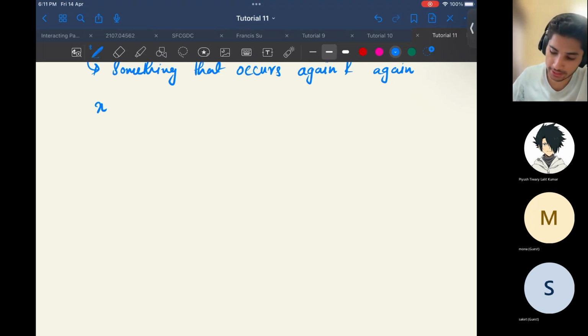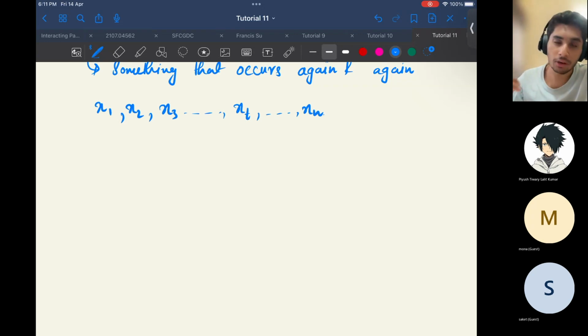At the first timestamp you got some data x1. At the second timestamp you got some data x2. At the third timestamp you got x3, and similarly at the tth timestamp you are getting some data xt, and eventually there were n timestamps, and the last data that you received was xn. So this is sequential data, right?